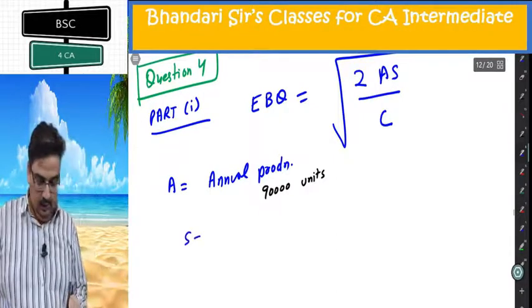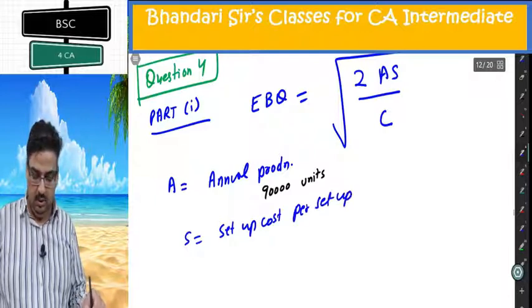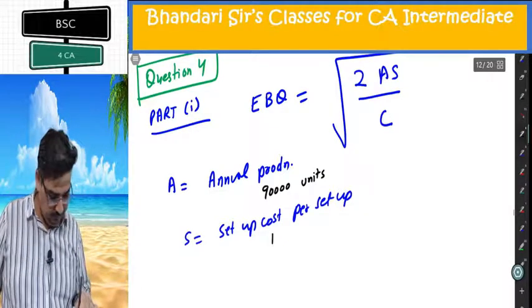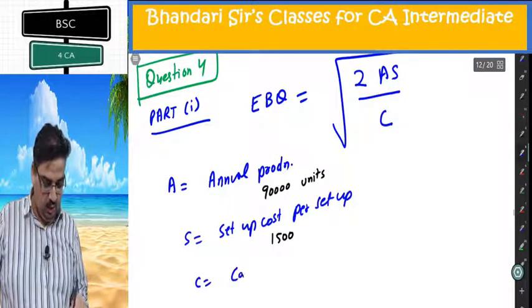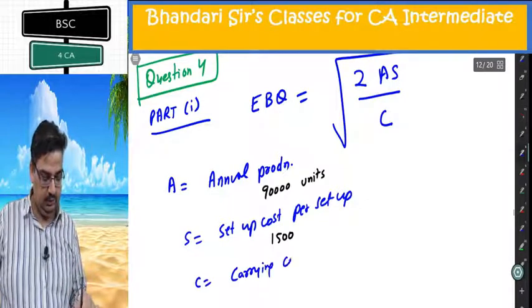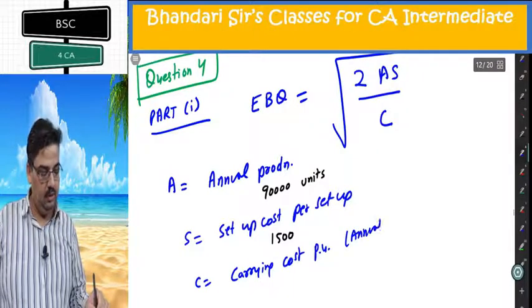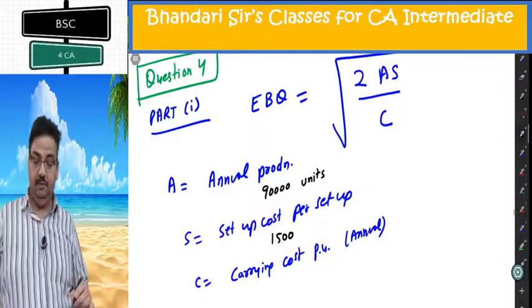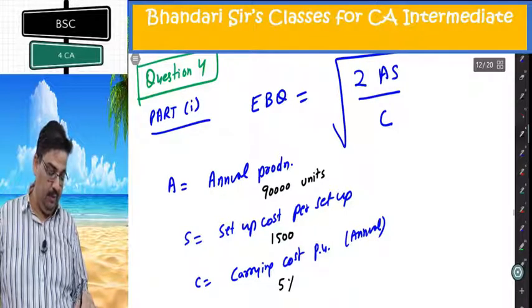S equals setup cost per setup, given as 1500. C is equal to carrying cost per unit annual. It is indirectly given. It is given 5%. It is obviously presumed to be per annum.